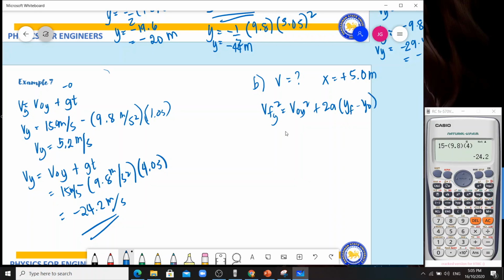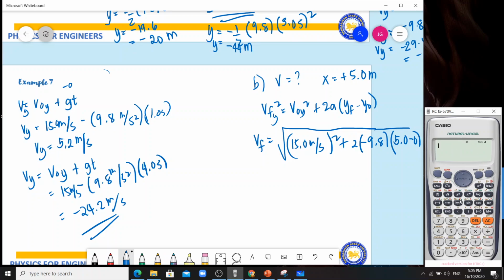Okay? So, ang vf natin ang hinahanap. Okay? So, para makuha si vf, magiging square root of 15.0 meter per second squared plus 2 times negative 9.8 times 5 meters minus 0.